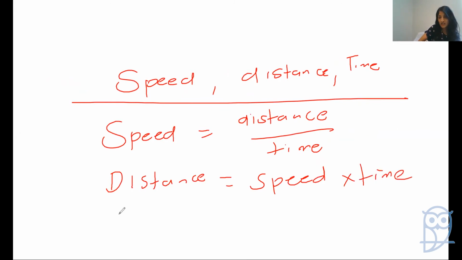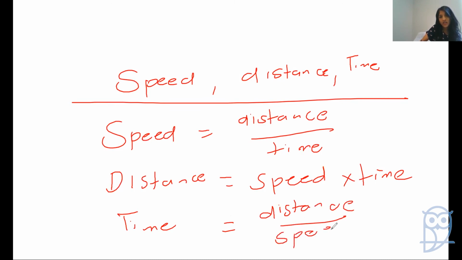And when we're working out time, we say time is equal to distance over speed. So when we're working out speed and time we divide, and when we're working out distance, we multiply. Speed is equal to distance divided by time. Time is equal to distance divided by speed, but distance is equal to speed multiplied by time.